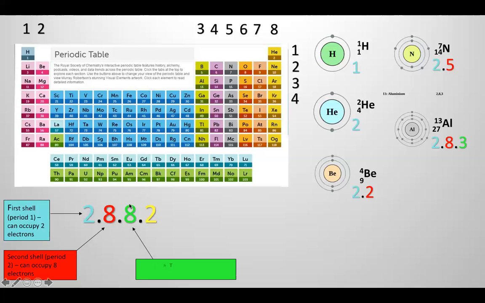Then we move on to the third number, which again, you fill up to a maximum capacity of 8 electrons. Just like the second subshell, you have to have filled both of these before you can even consider including electrons in the third subshell.